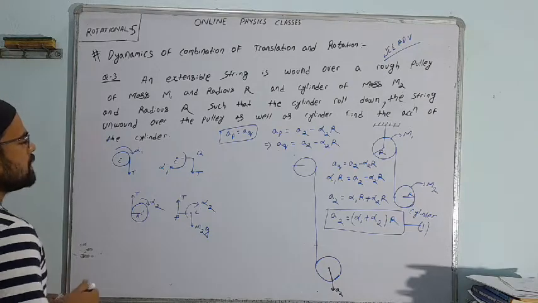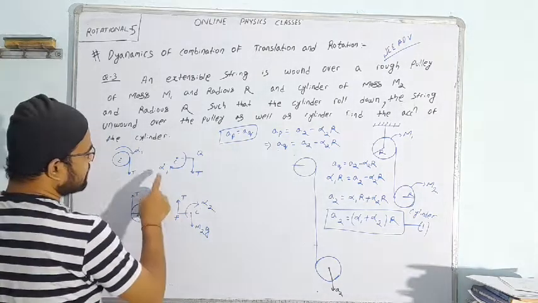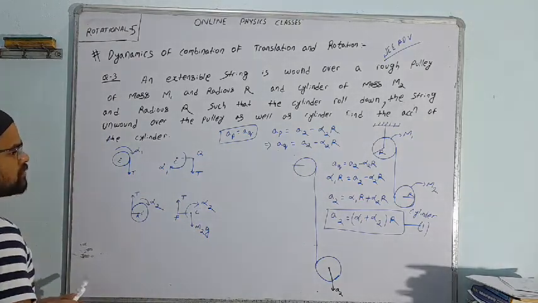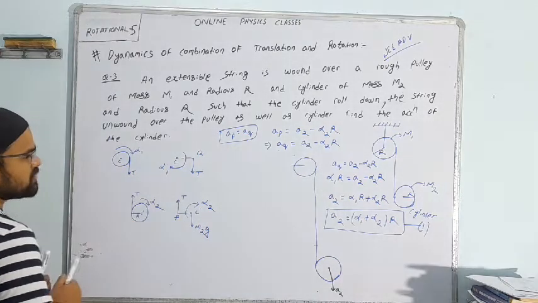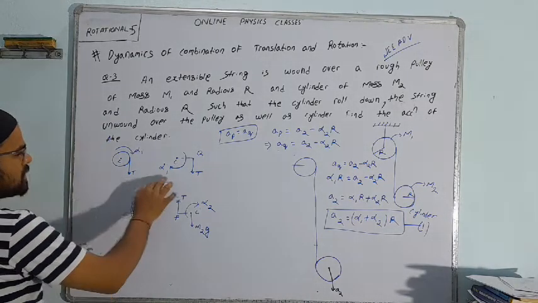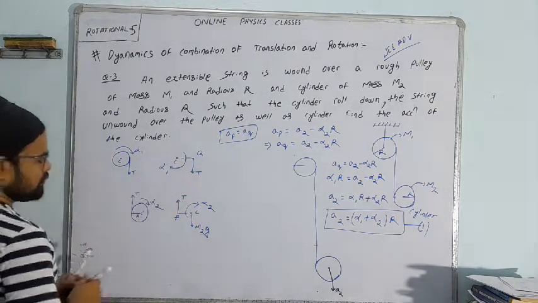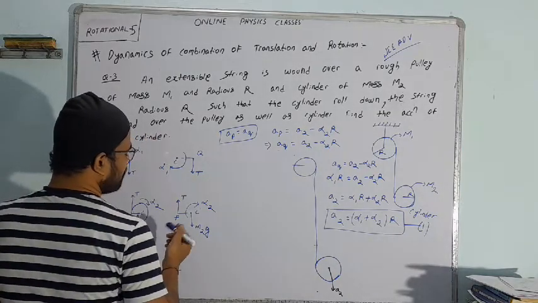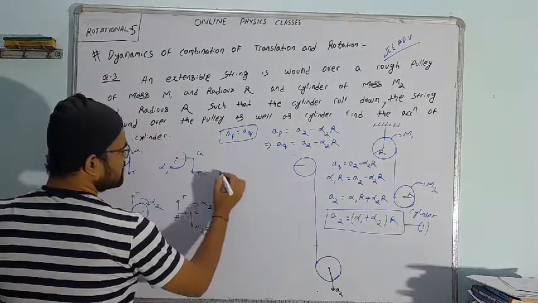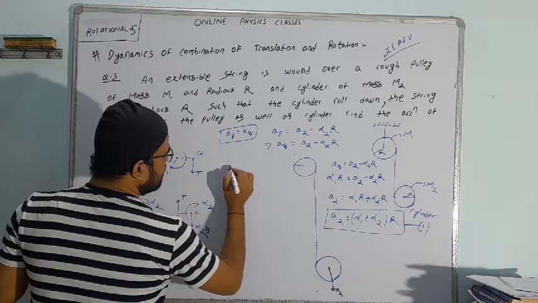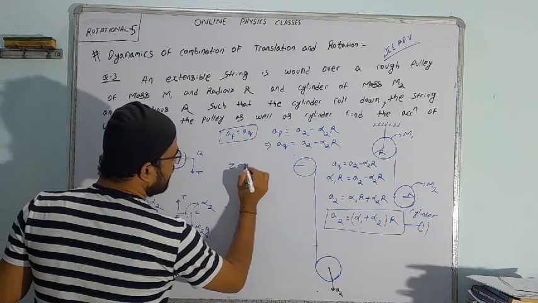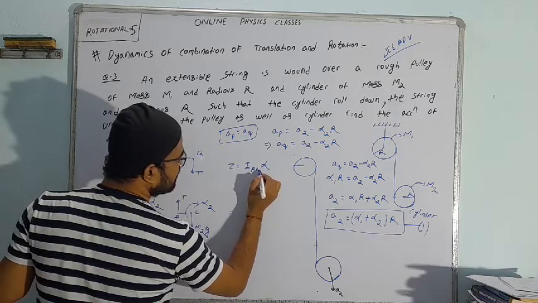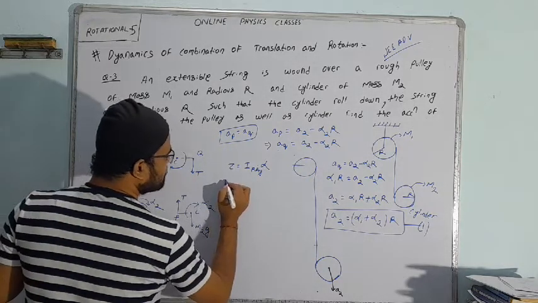Very simple. We can easily find out the value of alpha 1 and alpha 2. First we apply the torque equation for the pulley. If you apply the torque equation for the pulley, tau is equal to I of pulley into alpha. What is tau?